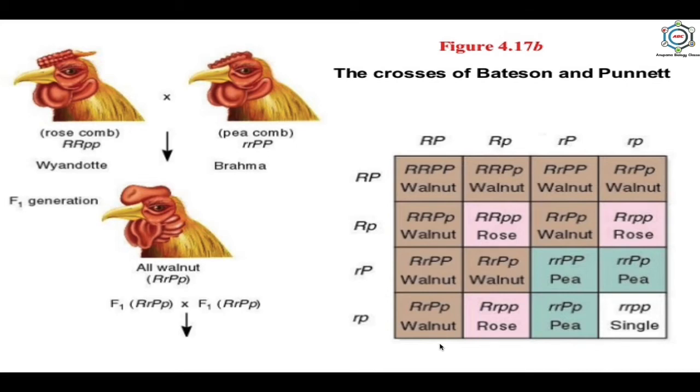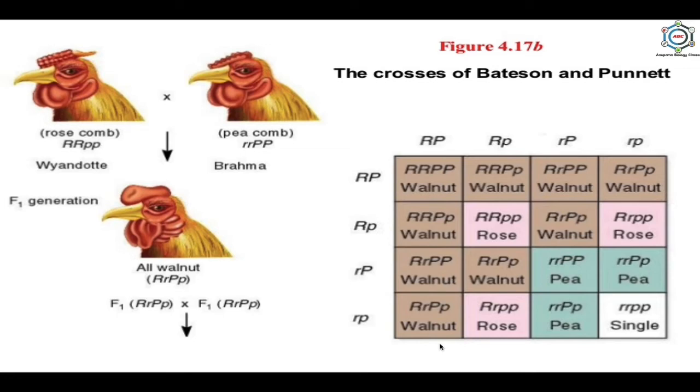If capital P represents the allele for the pea comb and small p its recessive allele, and if capital R represents the allele for the rose comb and small r its recessive allele, the allele equipment for the pea comb would be capital P, small r, and that for the rose comb is small p, capital R. Any individual with at least one dominant allele of each of the above two comb types, that is one P and one R, would have a walnut comb, and the single comb would result from the lack of both dominant alleles, that is small p, small r.